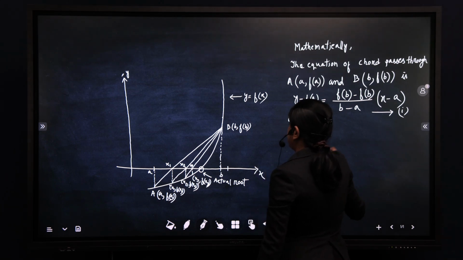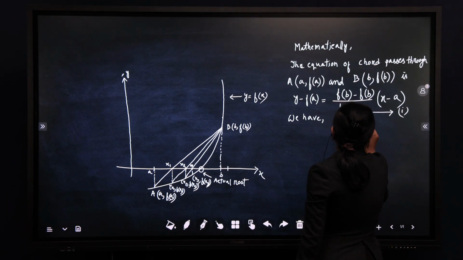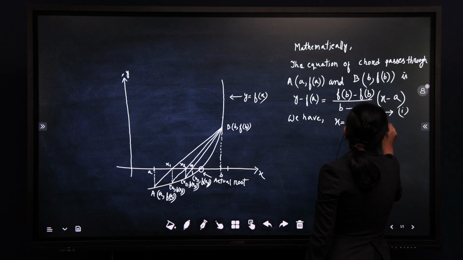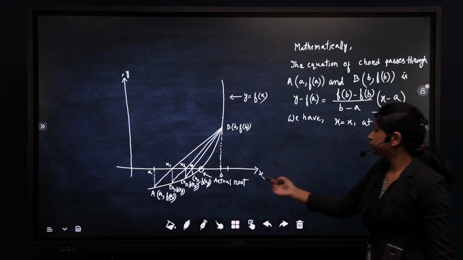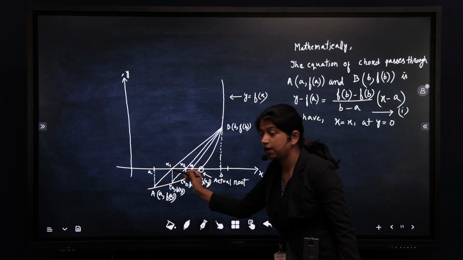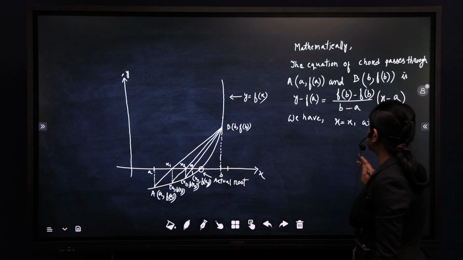Here we have x equal to x1 at y equal to 0, right? So now put these values in equation number 1.